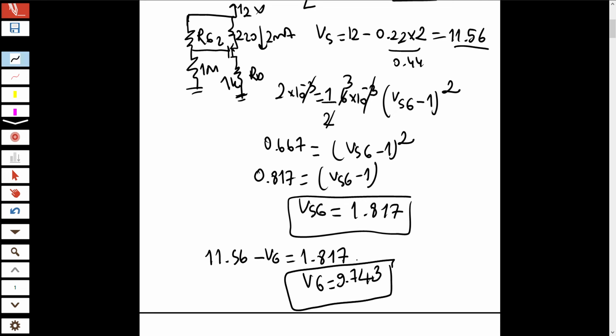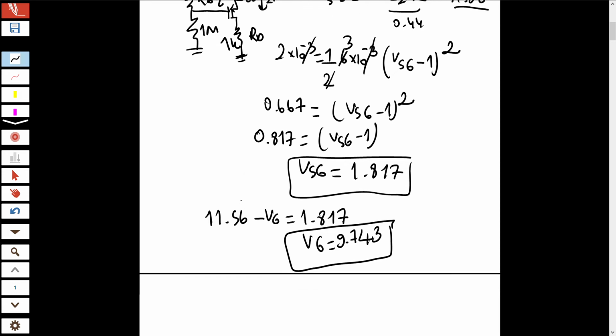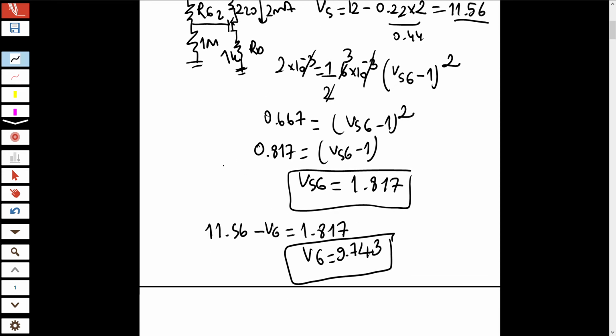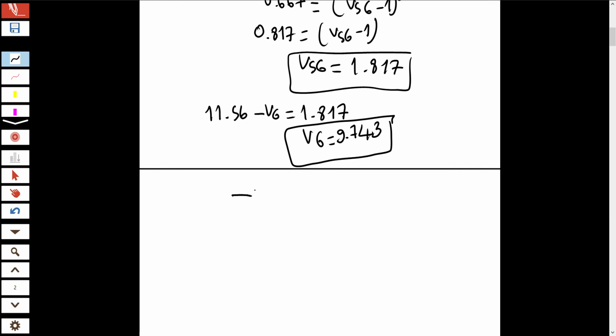Okay, if I know V gate, I can find R gate too. How? Think like this. This is 12 volts. R gate 2 is not known. Here I know V gate, and here there is 1 mega. And remember, in DC case, in MOSFET, there is no gate current.